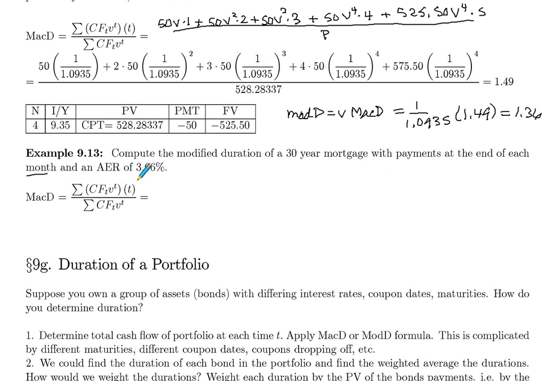So in order to compute this duration, we have to do something that we haven't had to do before, and we have to make the rate agree with the payment. We got an annual effective rate, but our payments are happening every month, so we need a monthly rate. So first we need the monthly rate.